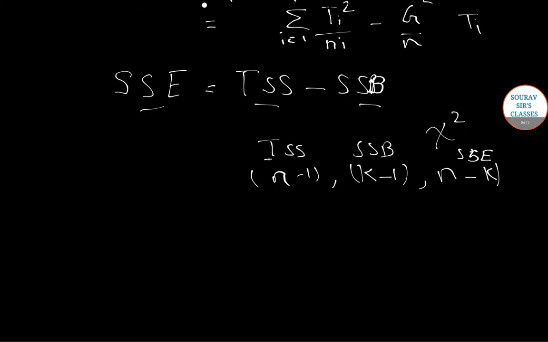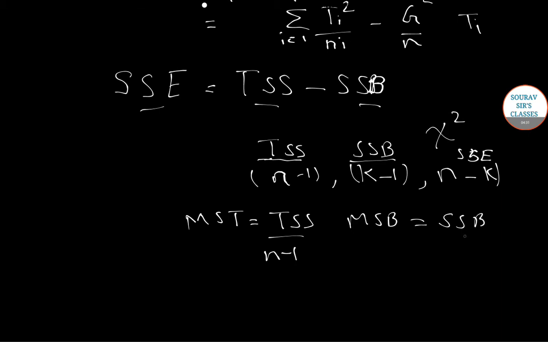Dividing the sum of squares by their respective degrees of freedom, we get MST, which is equal to TSS divided by n minus 1, MSB, which is equal to SSB divided by k minus 1, and MSE or mean square error, which is equal to SSE by n minus k.